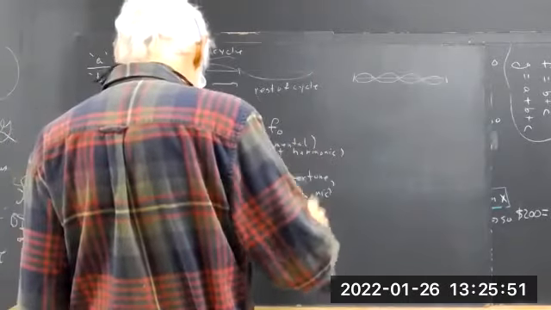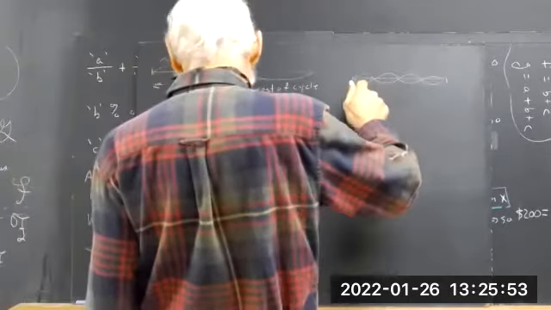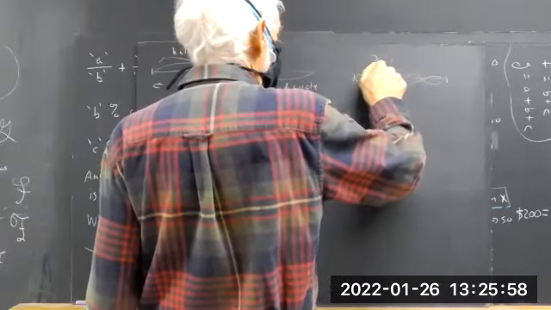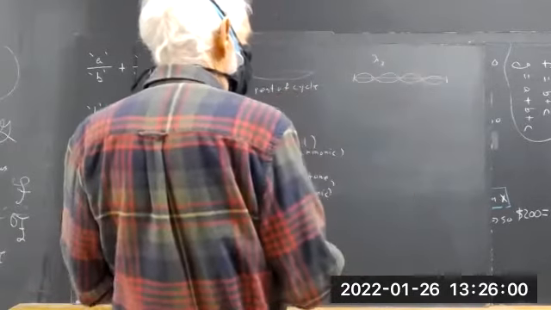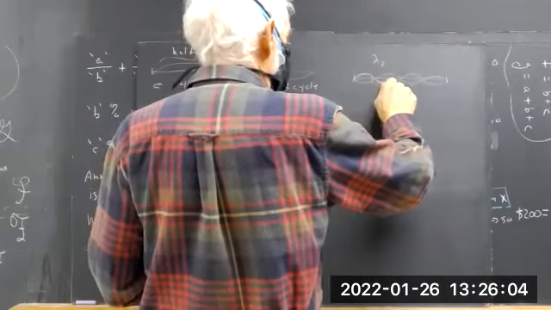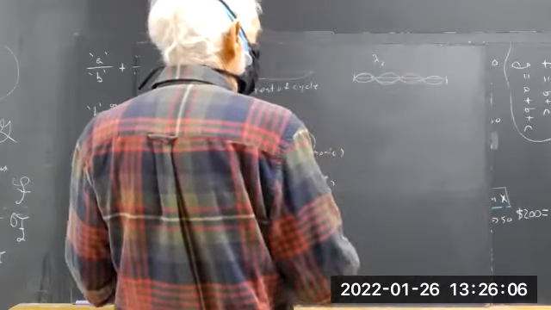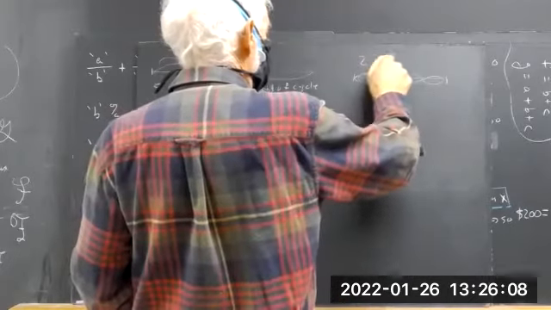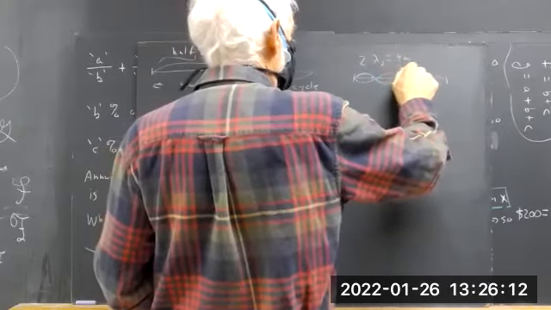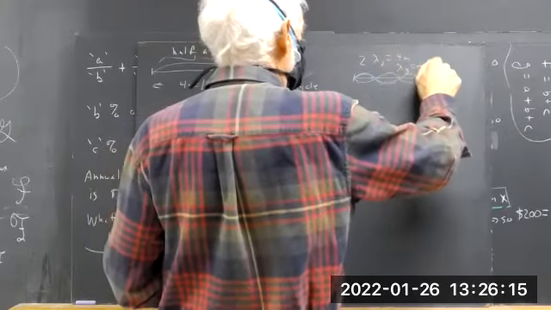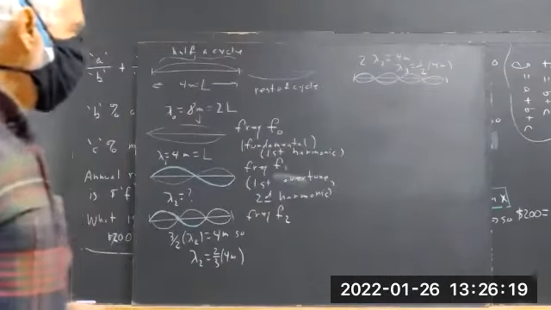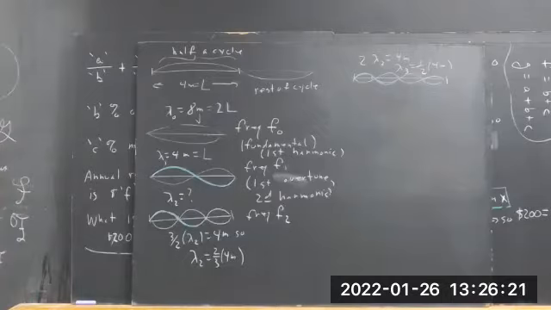And you see that here's a cycle. Lambda 3 is half of 4 meters. Okay.